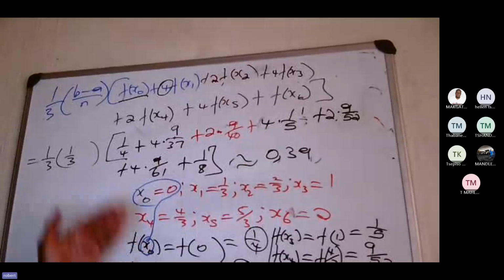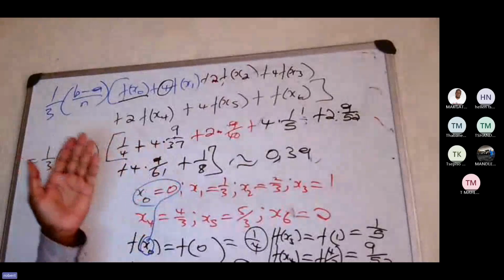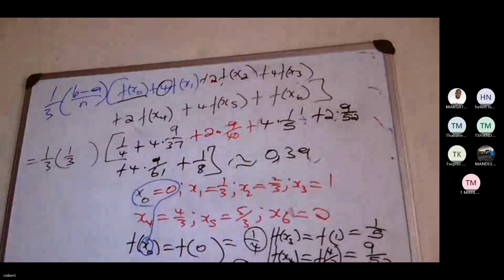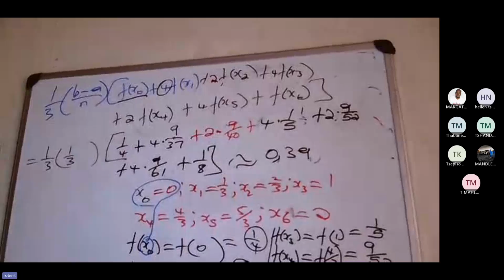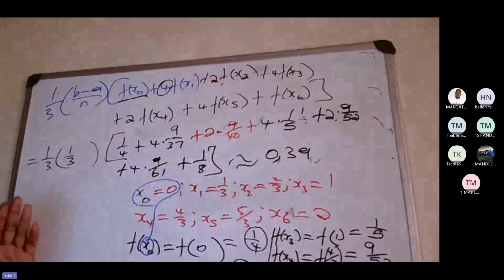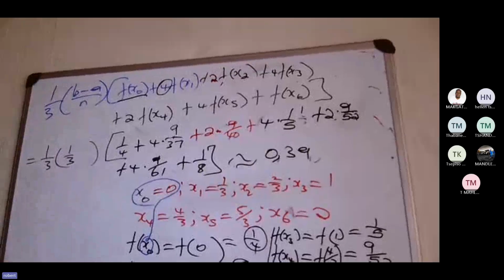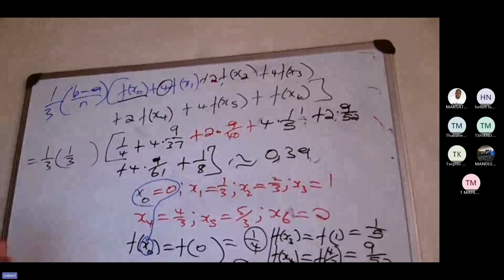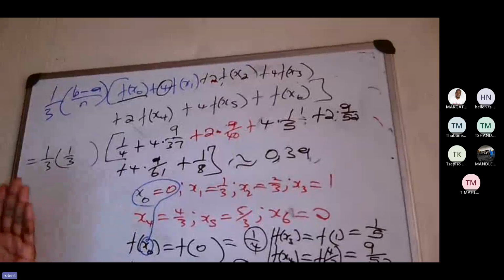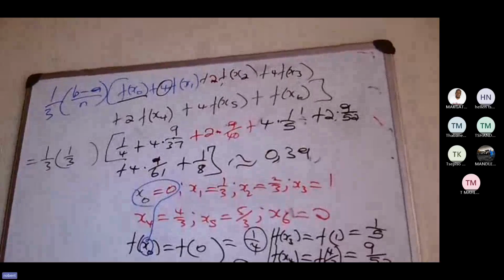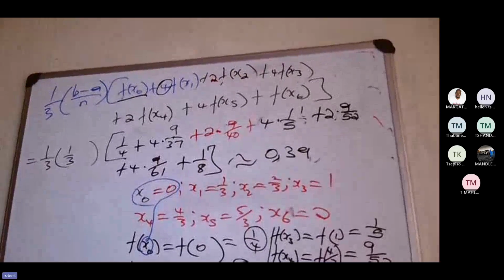But if we are all using the same method, then we must all of us get the same answer. If one is using Simpson and another is using trapezoidal, that is a possibility. But if we are all using Simpson, then we must all get the same answer.